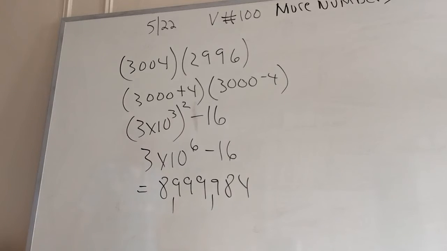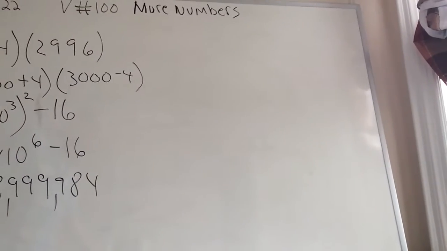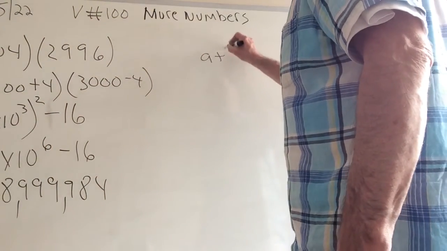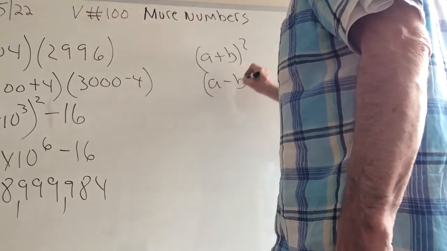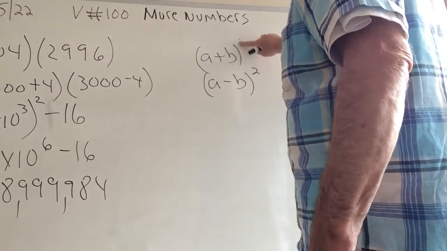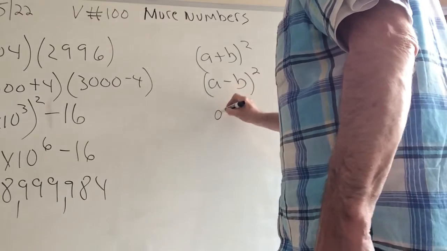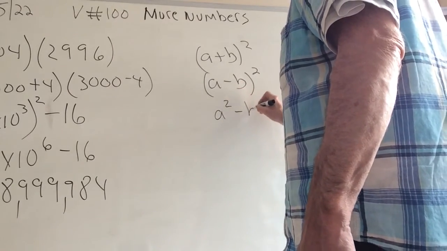Using bigger numbers and using the FOIL procedure with bigger numbers, we've managed to do math using the FOIL technique and using those 3, and I'll put them over here one more time, those ideas that we used: a plus b squared, a minus b squared, and not to be confused ever, a squared minus b squared.